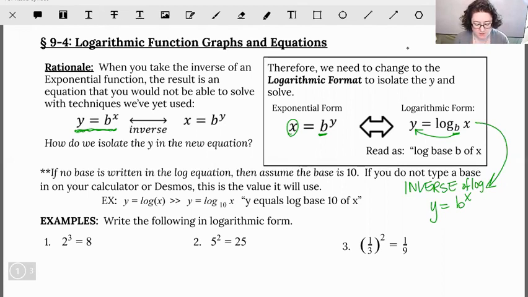Alrighty. So one big thing to mention as you're looking at these problems, I know some people are using a TI calculator and some people are using a Desmos calculator. Logarithms are much easier to deal with if you're on a Desmos calculator. If you need to do a log with a base other than 10, that's where we run into problems on the TI calculator.